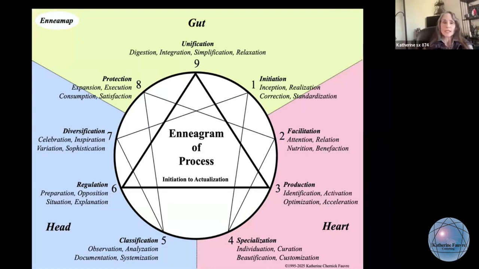So you can see it as a circle, but you can also see the prominence of the 3, 6, 9, which I always leave in, because they really are the issue of each center. Now, for example, with the 1, you have to get to standardization or you're not going to maintain anything.